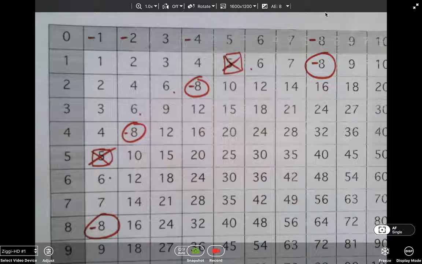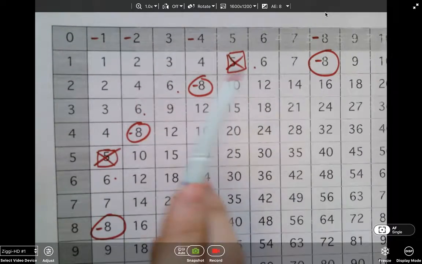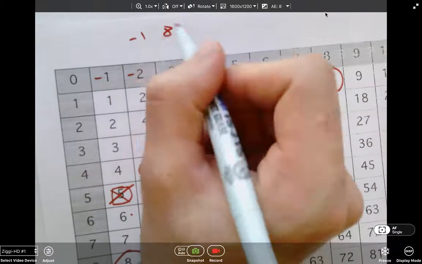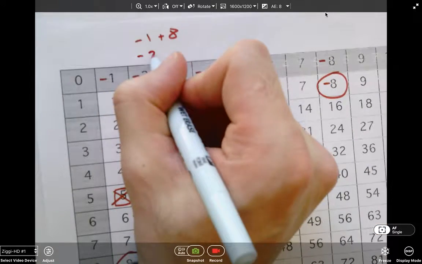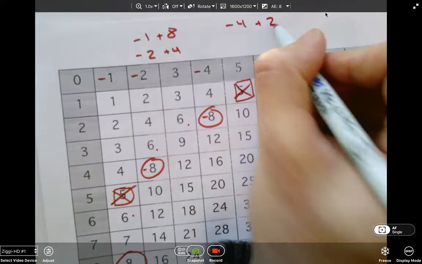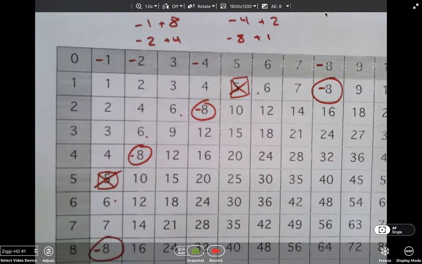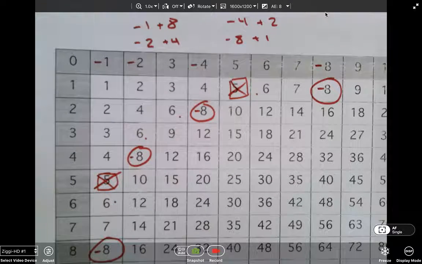So that means the possible factors for me are going to be negative 1 and 8, negative 2 and 4, negative 4 and 2, and negative 8 and positive 1. Those are the only possibilities. Those are the 4 combinations of numbers that multiplied together give us negative 8.